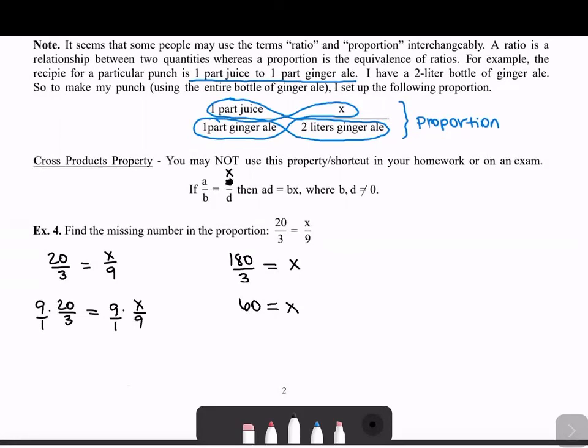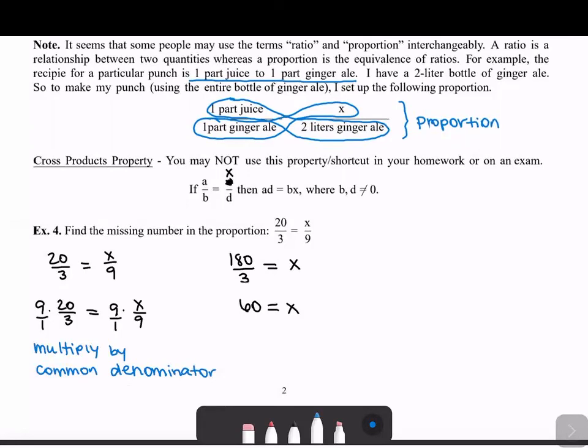So if we were doing the cross products property, we would have gotten the same answer, but we would have missed these really important parts of this class. We would have missed that we multiply by a common factor here to solve this equation, right? These are the things that we're trying to get, is that we multiply by a common denominator.